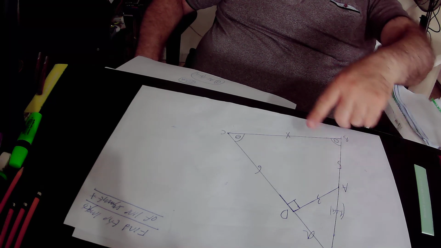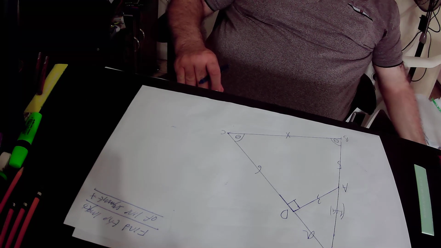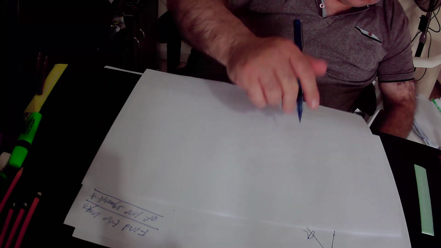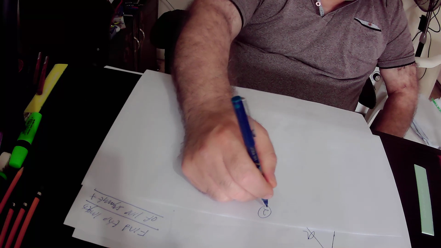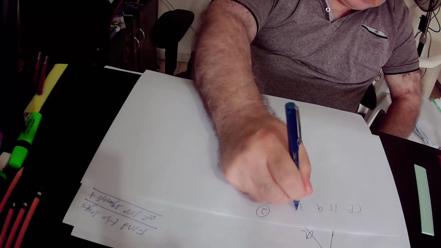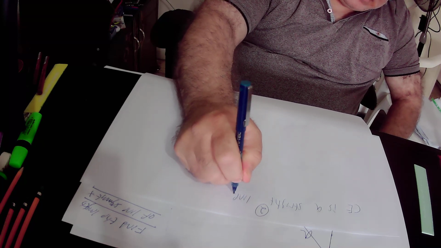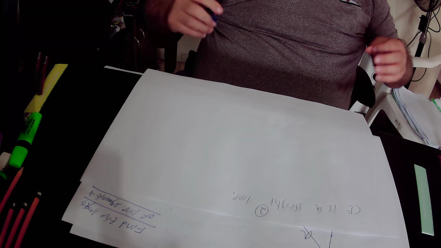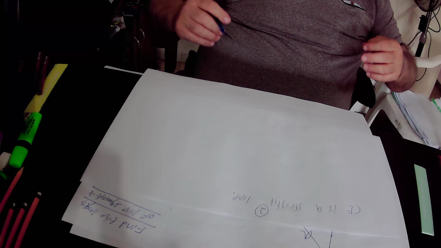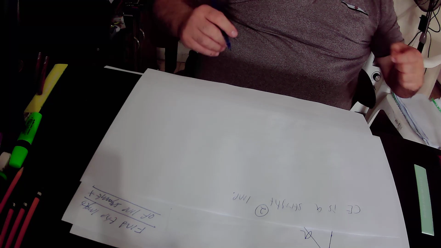So can I tell that CE is a straight line? Line segment CE is a straight line, because when you extend a straight line by a straight line, the result must be a straight line. Therefore, CE is a straight line.